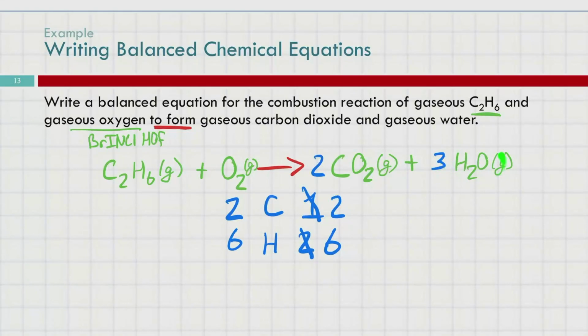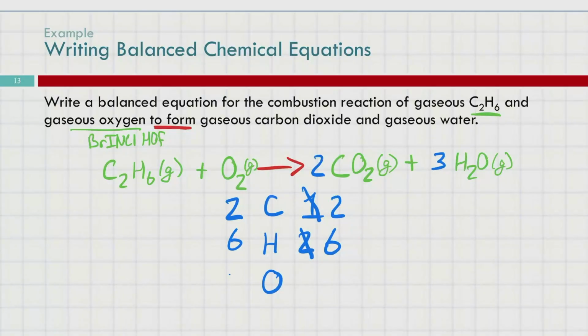If we put 3 in front of our H2O, we've got 3 times 2 hydrogens for 6, so our hydrogens are balanced. Then we can balance our oxygen. We balance our oxygen last because oxygen is by itself on the left side. That means that when we change the coefficient in front of this oxygen, it doesn't affect our carbon or our hydrogen. So we don't have to go back and rebalance carbon and hydrogen.